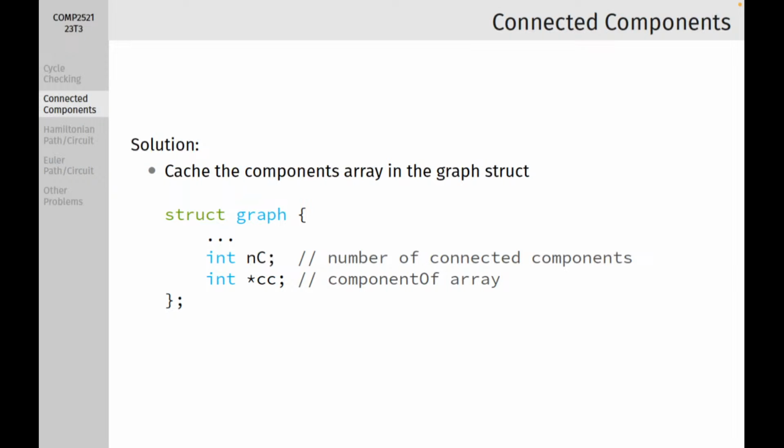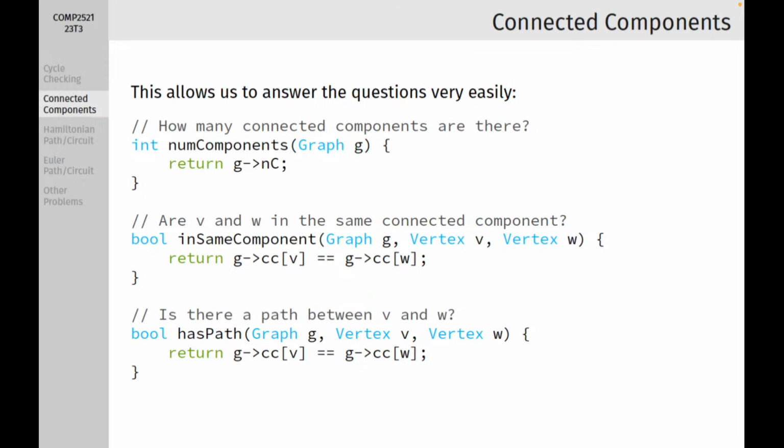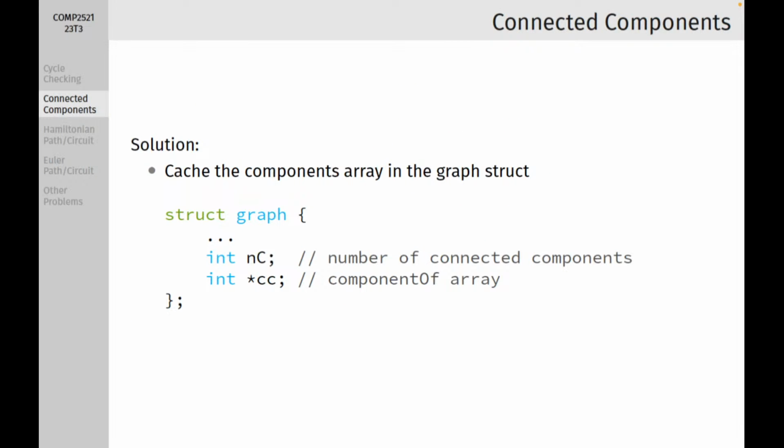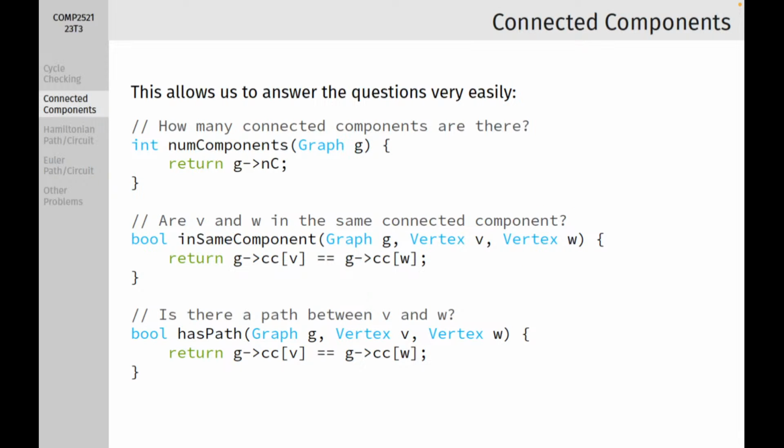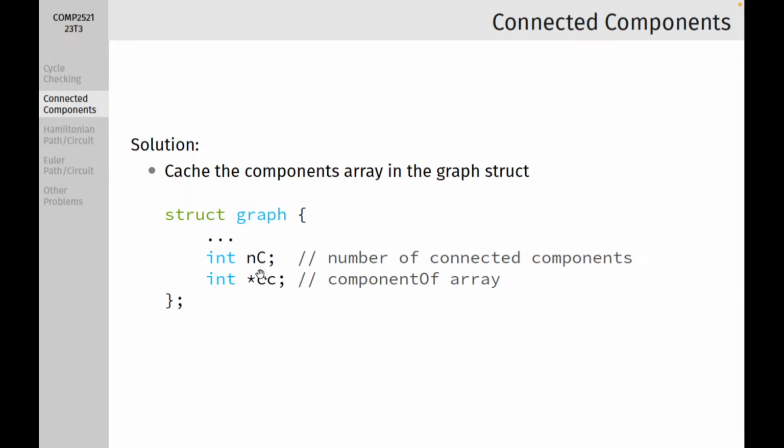Because if they're in different connected components, then there's no point running the traversal, because we know that there's no path. So if we want to check what the path is, first run this check. That's the benefit of caching this information in our graph.